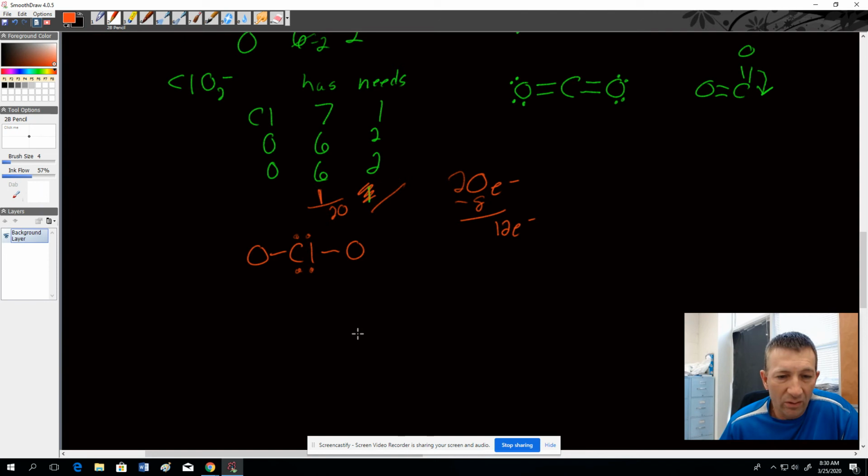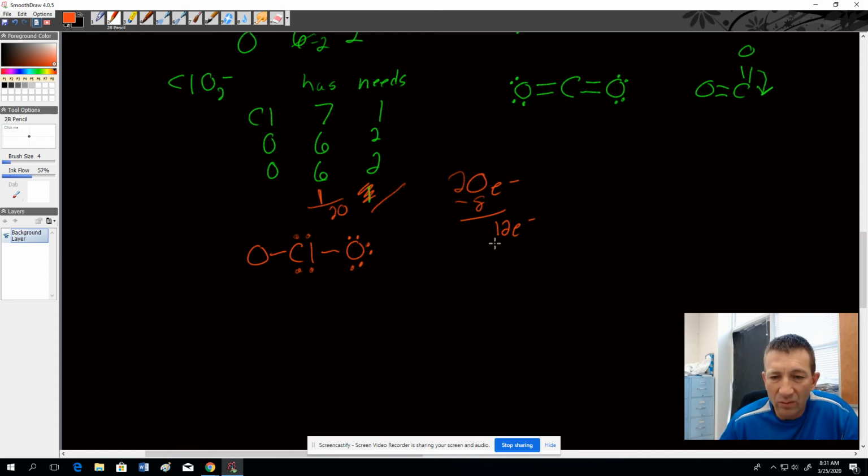So with those 12 total electrons, I need to put these around the other ones. If you look at oxygen, in order for oxygen to be happy, it's got 2 right there, so it has to have 4, 6, and 8. So now 2, 4, 6, 8, it's going to be happy.